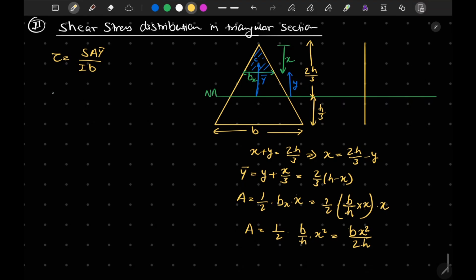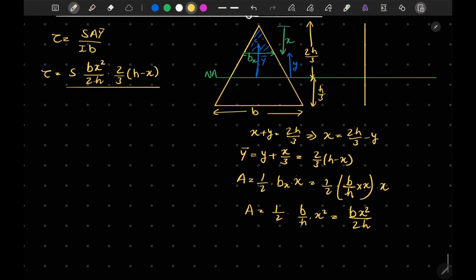So our shear stress can be given as S, that remains the same, area is our bx square by 2h, into y bar is 2 by 3 times of h minus x, okay, divide by our I into b.